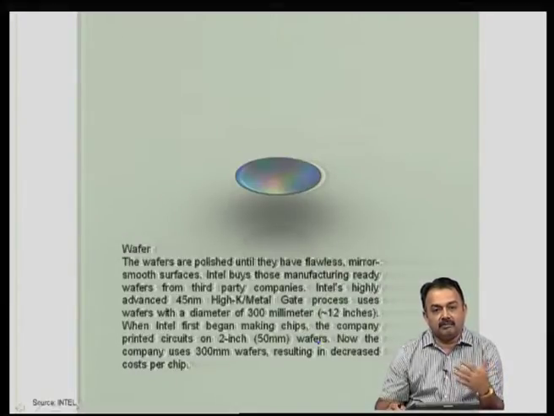So, there could be companies in this industry which specialize in the crystallization process, getting the ingots made to the required sizes and diameters, then slicing them into wafers, and then distributing these wafers to chip manufacturing companies like Intel or AMD and so on. That is the point I want to make here.